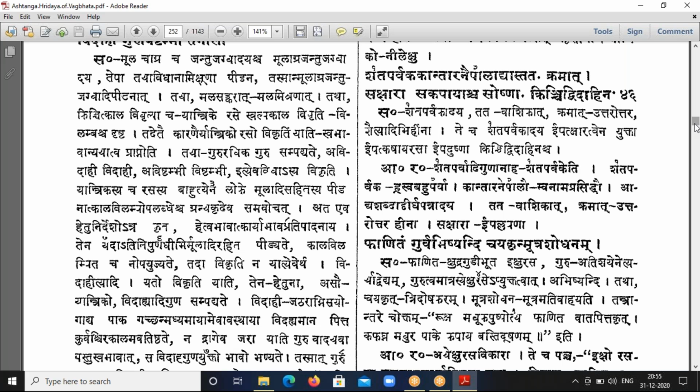Then slowly the consistency of this juice will be changing as we prepare our avaleha kalpana. You all know that it becomes that tandumat. So in that stage it is kept. Then it is called bhanitam.